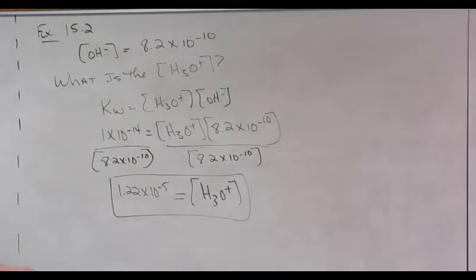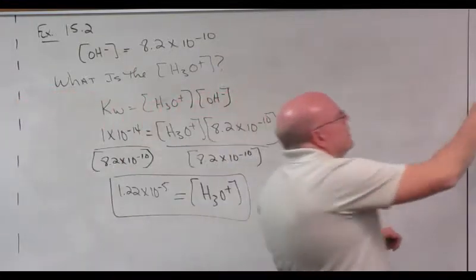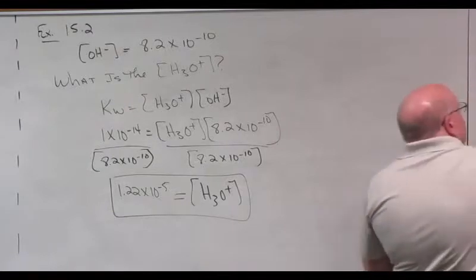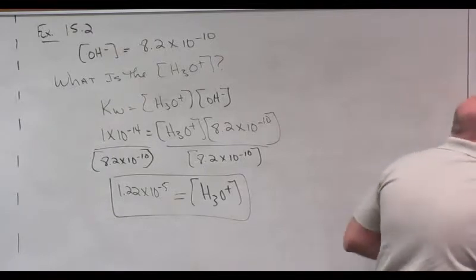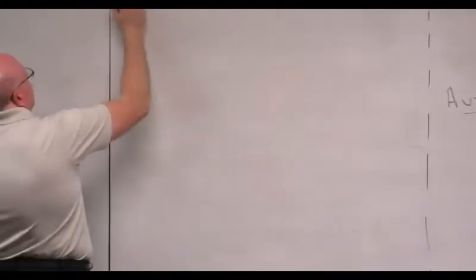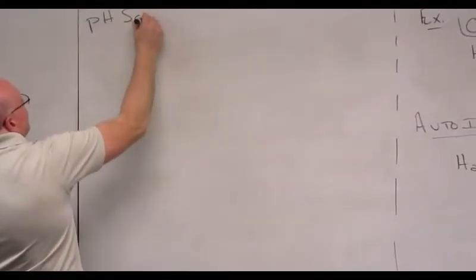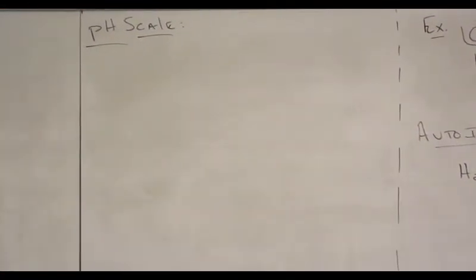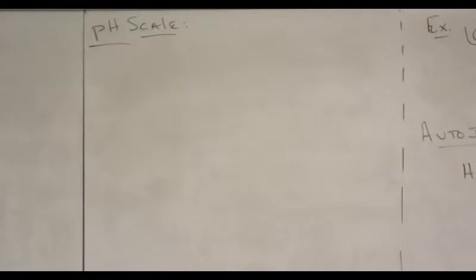We measure acids and bases by the pH scale. The pH scale is our way of measuring acid and base. We've done it in a lab enough. We've taken a pH probe and put it in a sample.